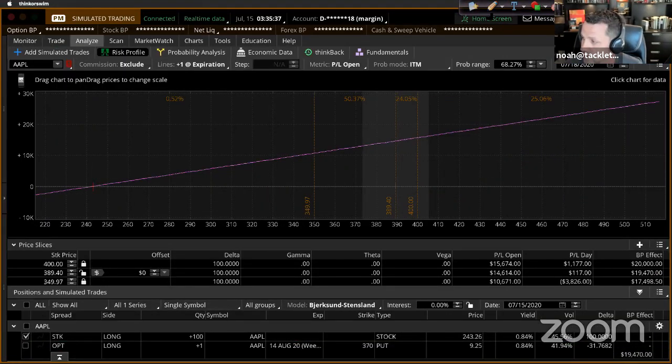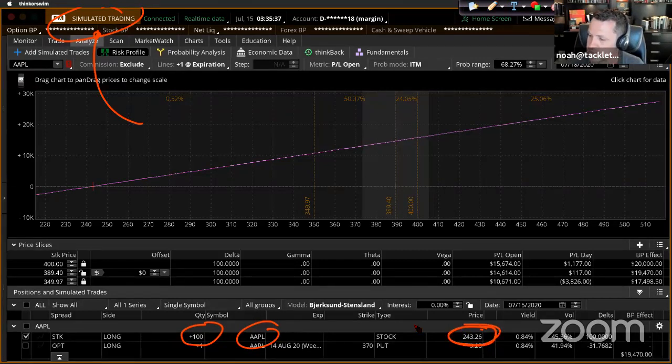So here's an example I happen to have already set up. And here's one where in this little paper, this is a virtual portfolio, by the way. This is not a live portfolio. This is a virtual simulated portfolio. And there you go, simulated trading. But in this little simulated account, there's 100 shares of Apple, and the purchase price was $243.26. So on this little risk graph right here, this is $0.